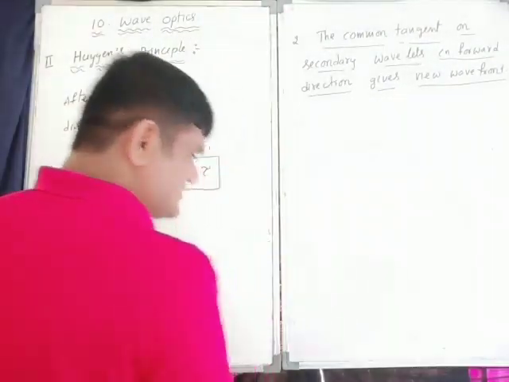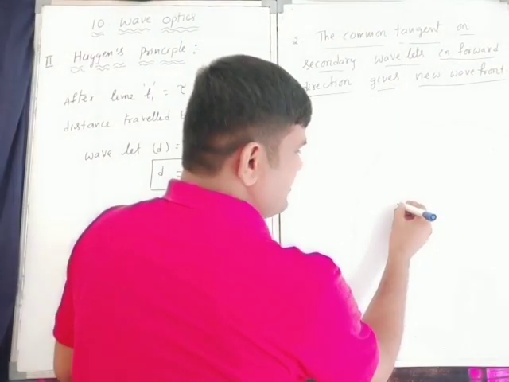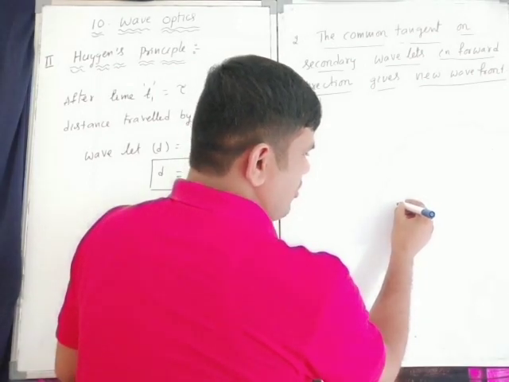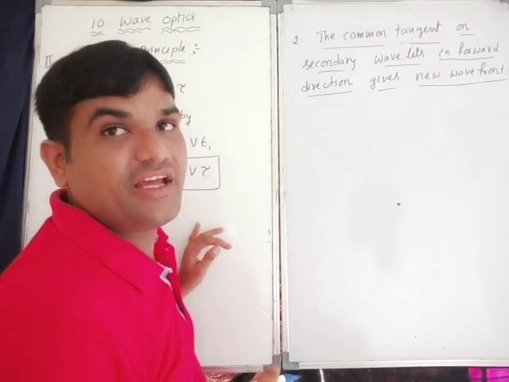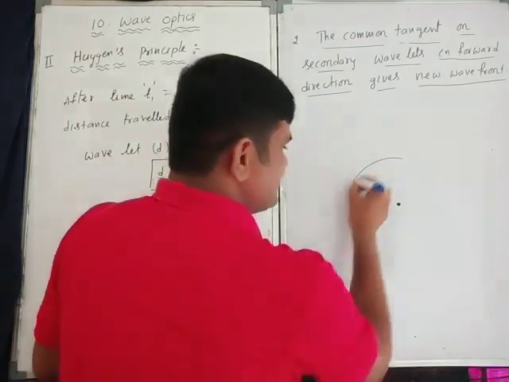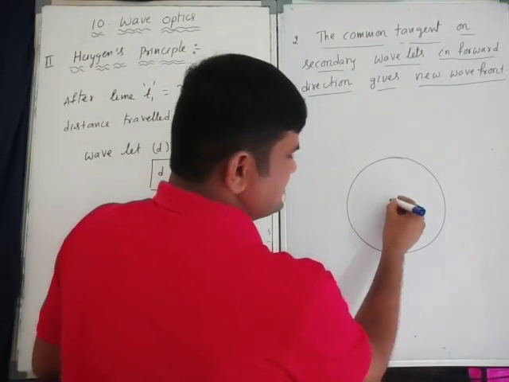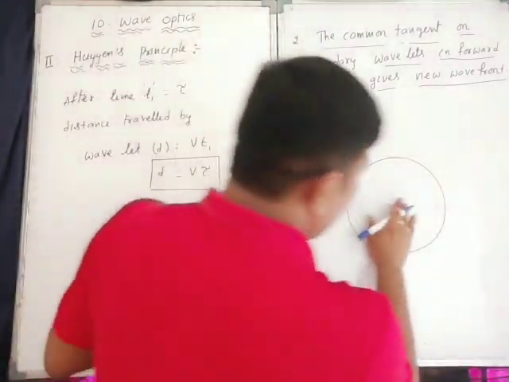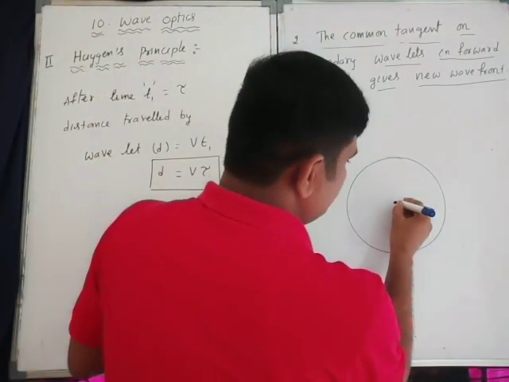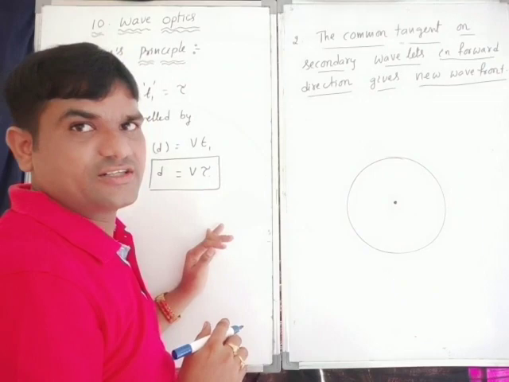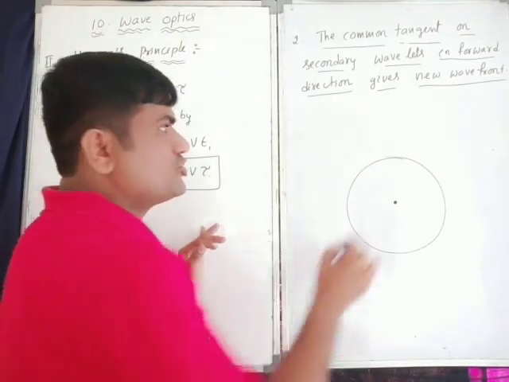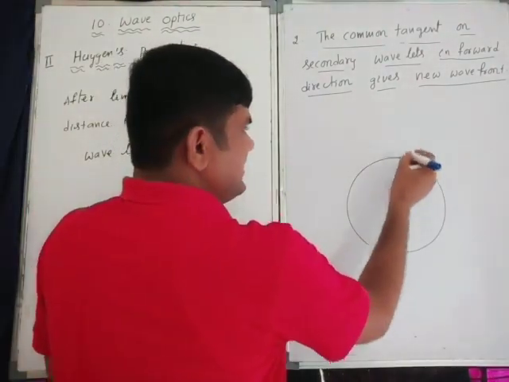Right. So what is that? First one here. Listen everybody. So this is the point, the primary source. Now this is the first wavefront, the primary wavefront. Again here is the secondary wavefront.